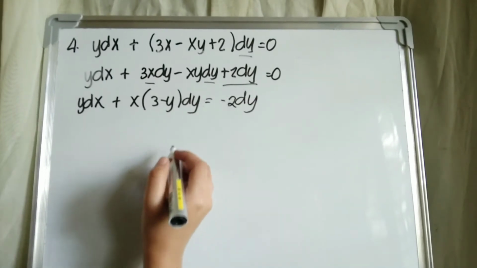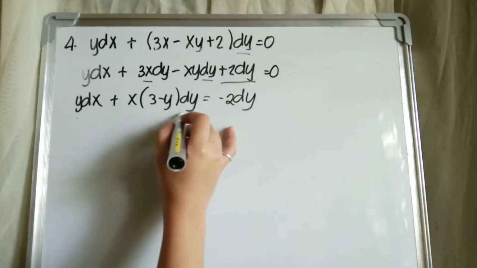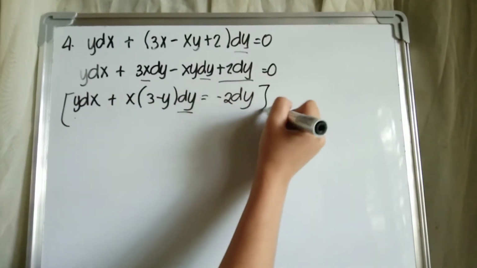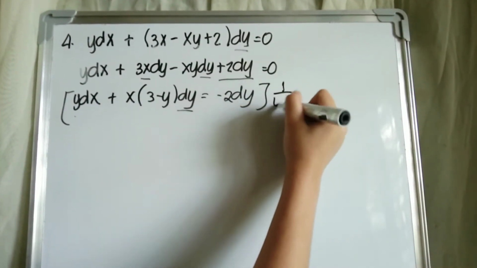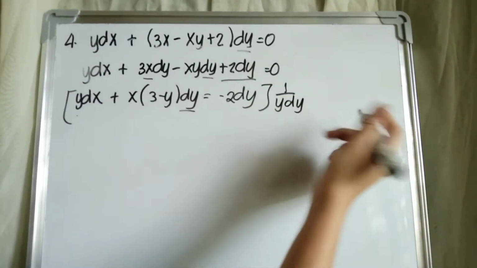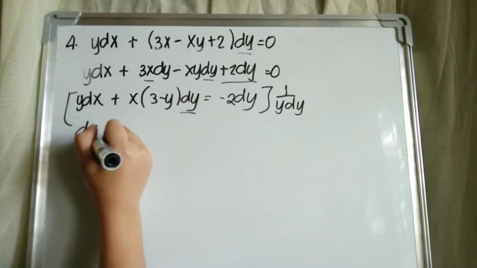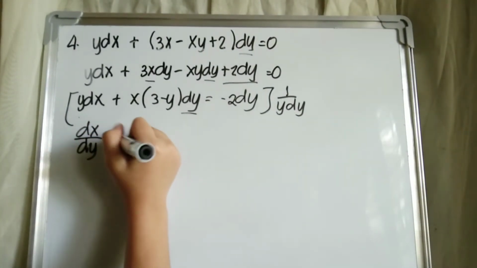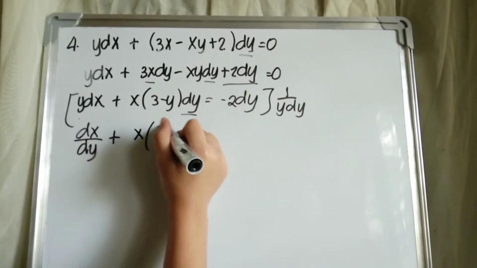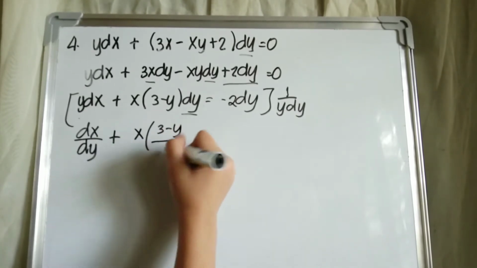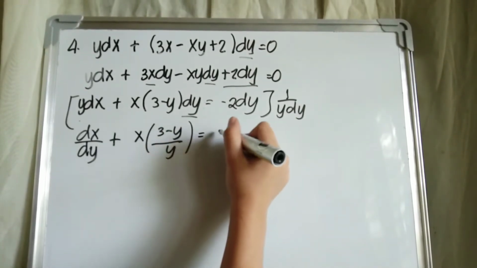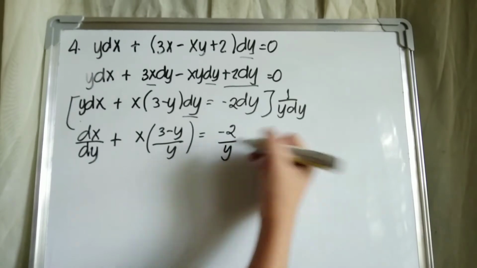And then to eliminate y and dy here, we divide both sides by y dy. So this will become dx over dy plus x times 3 minus y over y is equal to negative 2 over y.